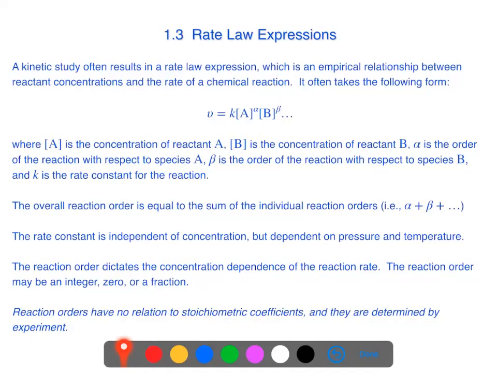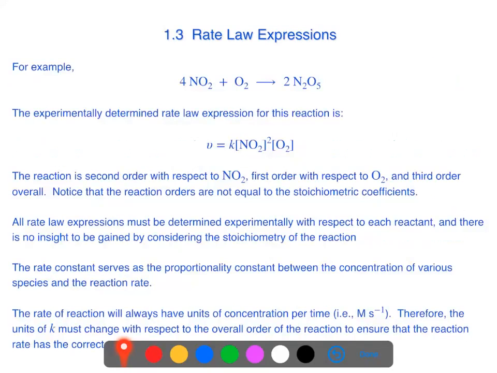But this can't be taken for granted. There is necessarily no causation between stoichiometric coefficients and reaction order. It's an experimentally determined value, and until you devise and provide experimental evidence to support a rate expression, it's really premature to comment on the reaction order for a particular system.